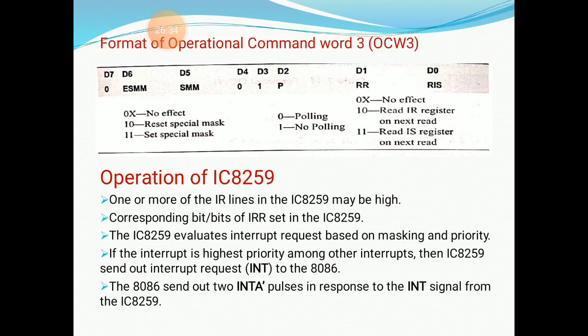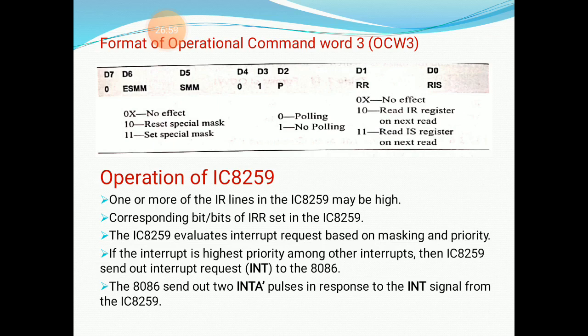If these 2 bits become 0x, no effect. If these 2 bits D1 D0 become 10, the processor reads the interrupt request register on the next read pulse. If these 2 bits become 11, the processor reads the ISR, that is, the interrupt service register, on the next read pulse.